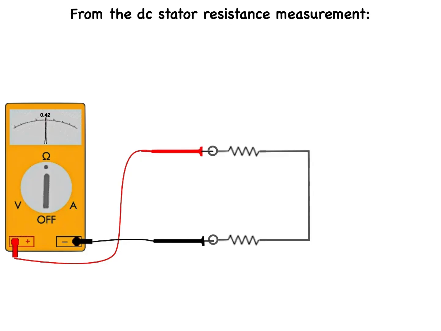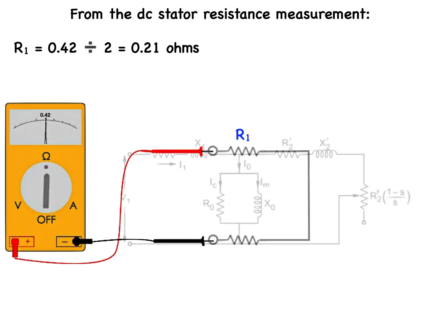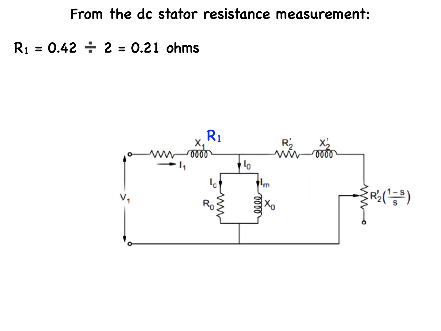So in order to get the resistance of only one of the coils, we need to divide our reading by 2, which will give us the resistance R1 of the parameters of the equivalent circuit. Looking at our parameter table, this gives us the first answer to one of our parameters, R1.